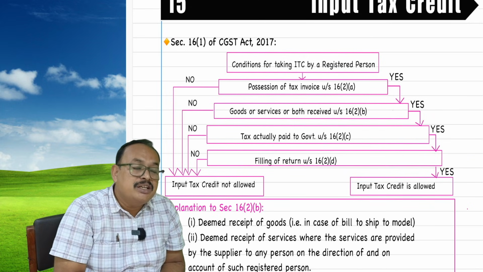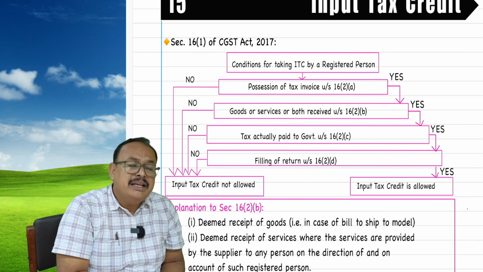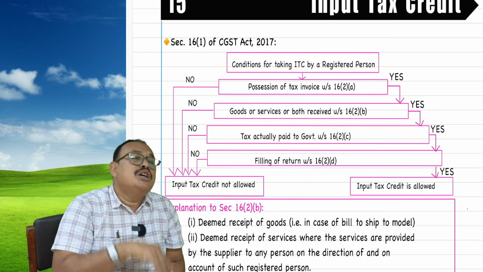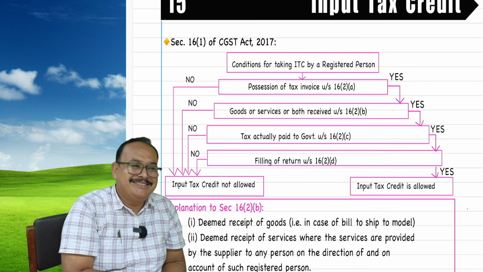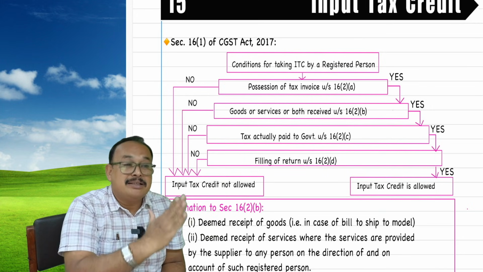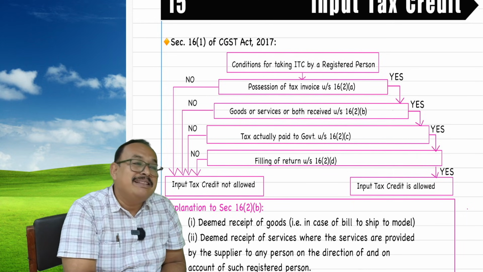Section 16, subsection 2, clause C, where the supplier should pay the tax to the department by filing the GSTR-3B. Clause D, section 16, subsection 2, the recipient should file the return to avail the ITC.